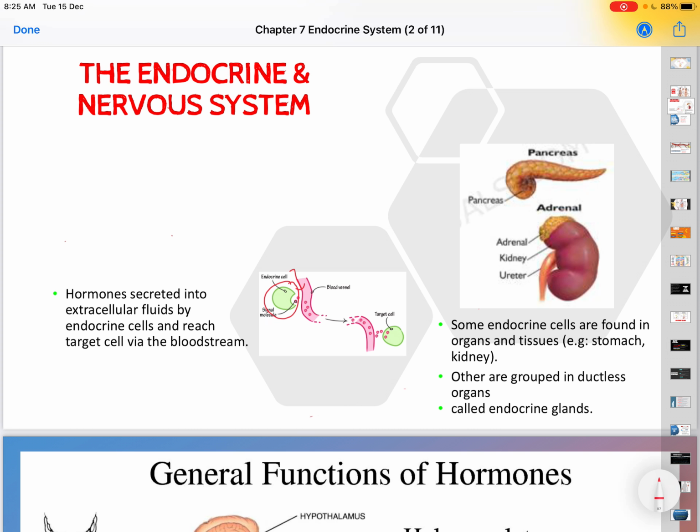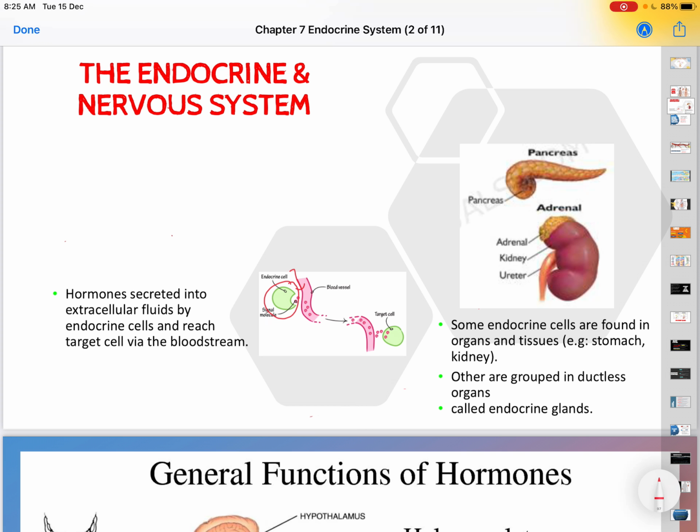For example, the target cells are pancreas or thyroid gland. When the hormone reaches the target cell, then the target cell will secrete what it needs to secrete.